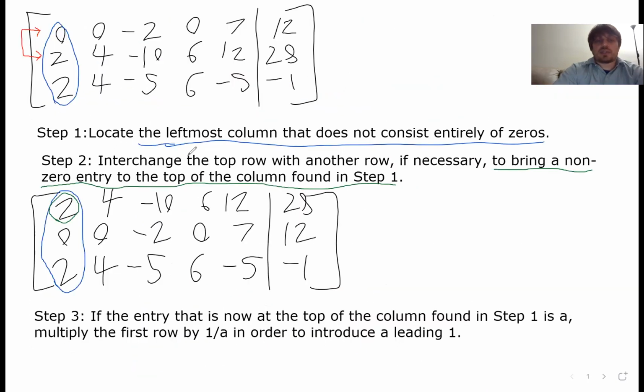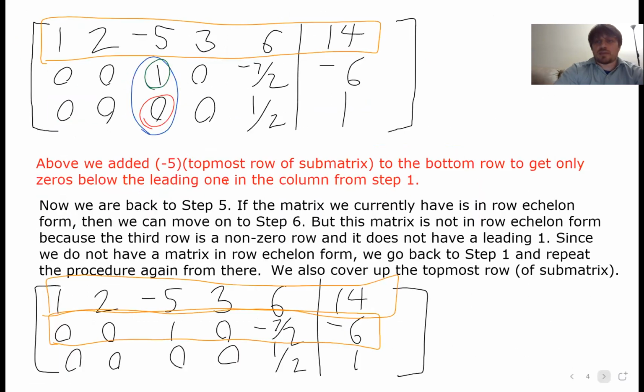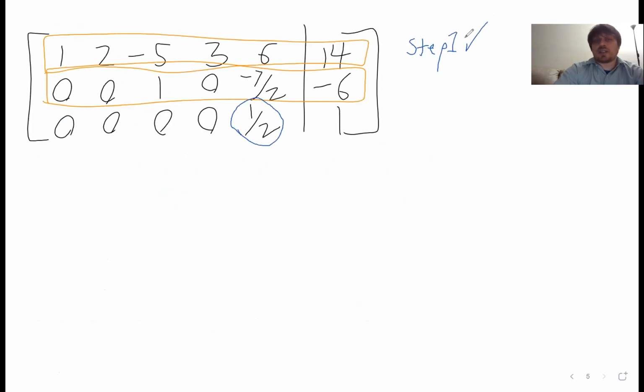Next, step 2: interchange the top row with another row if necessary to bring a non-zero entry to the top of the column found in step 1. We want a non-zero entry at the top of this column we selected. It's already non-zero. It's the only one, and it's non-zero. So step 2 is done.